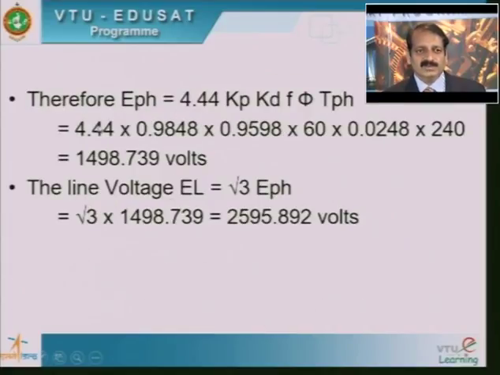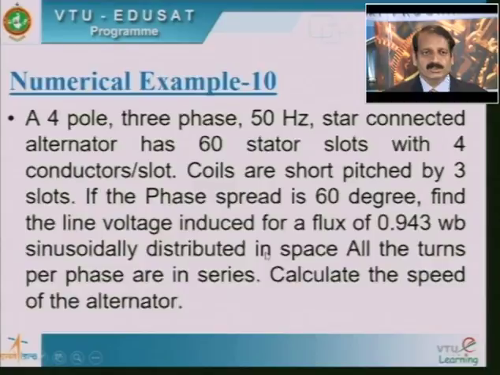So, when we substitute the various values Kp, Kd, frequency, flux, T phase, we will get phase voltage, its RMS value as 1498.739 volts. The line voltage EL is given as √3 times E phase, and it is calculated as 2595.892 volts.